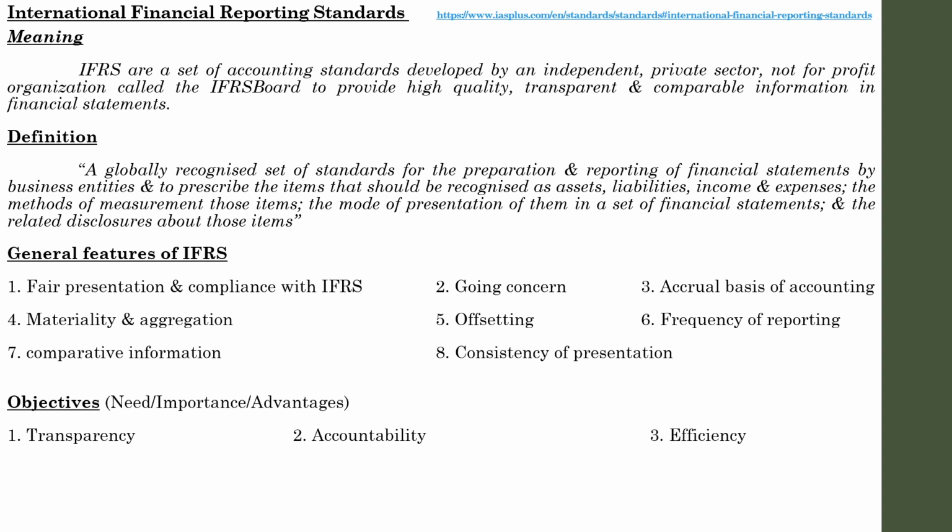And IFRS ensures that the investors are getting correct information regarding opportunities and risk, because when the investors are aware about the opportunities and risk, they can take the decision accordingly. That helps in proper capital allocation.